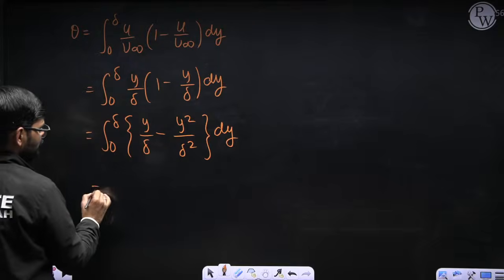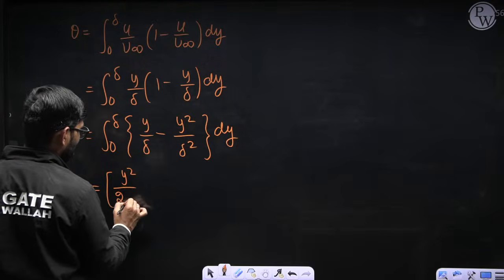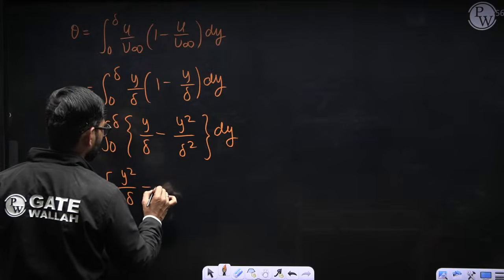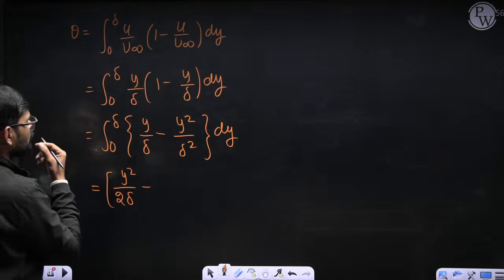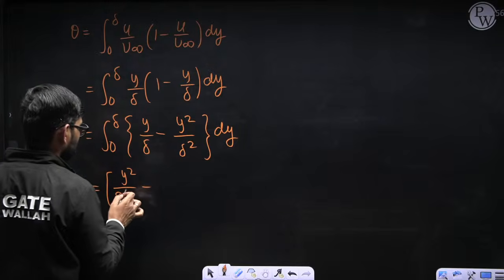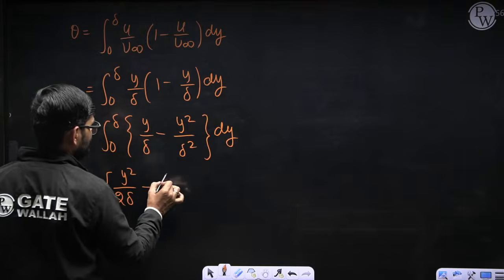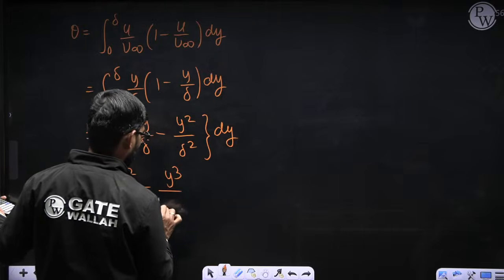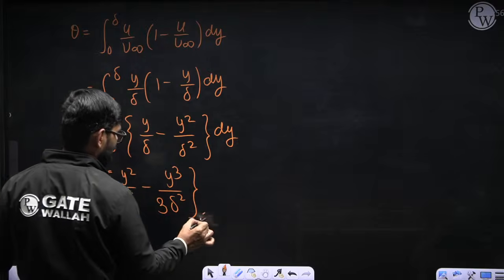Now integrate this, so you get y square by 2 delta minus y cube by 3 delta square from 0 to delta.